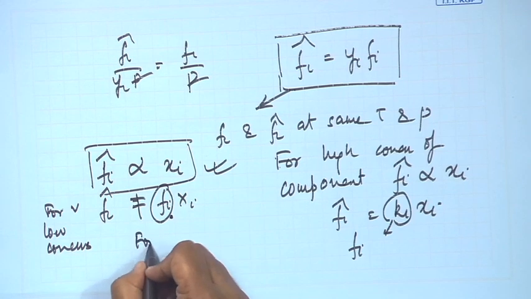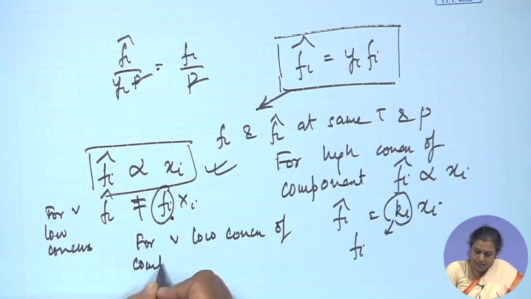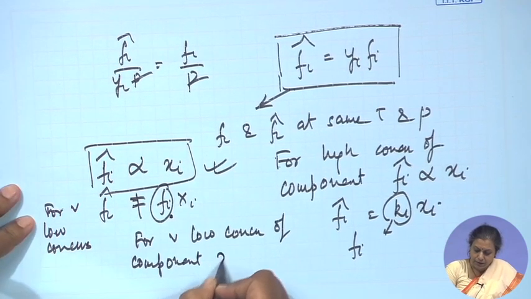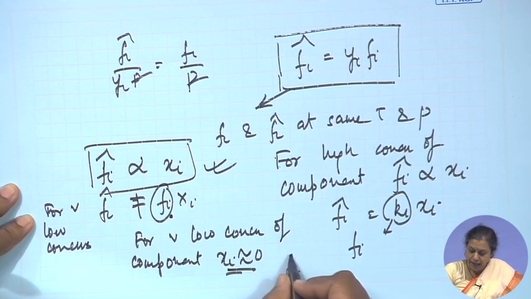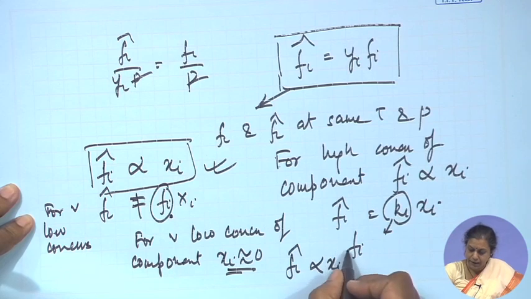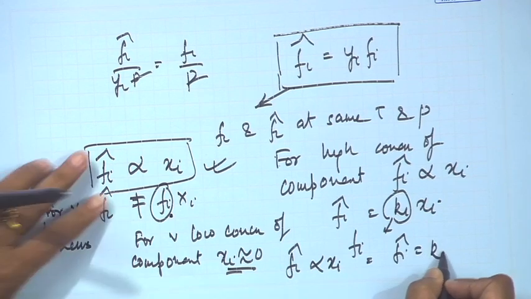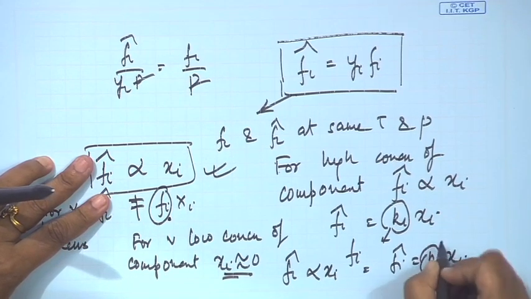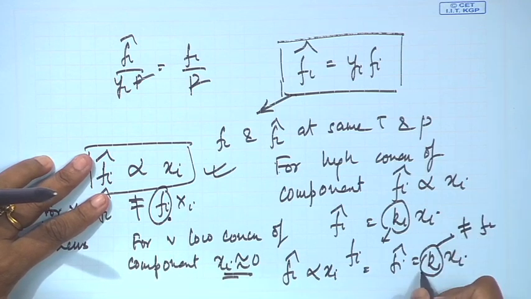We also know that for very low concentration of the component, when Xi is almost equal to 0, F̄i is also proportional to Xi, or F̄i equals Ki Xi, but in this case Ki is not equal to fi. On the other hand, this is some other proportionality constant, known as Henry's constant, which gives Henry's law for infinitely dilute solutions.